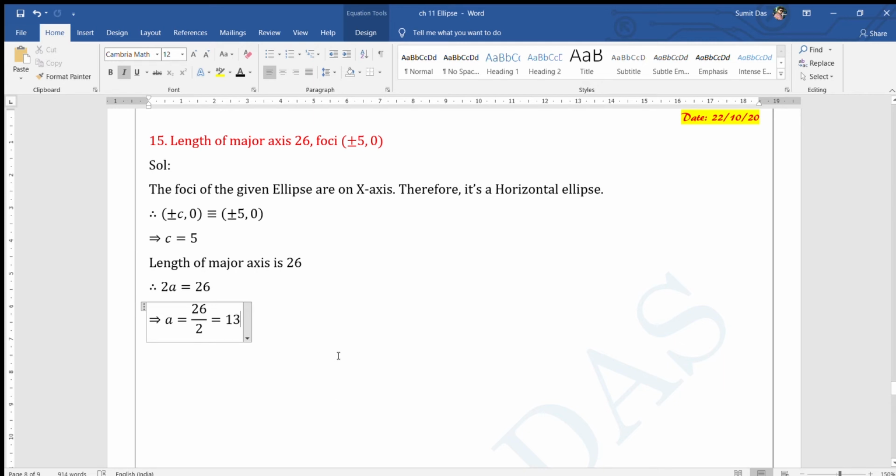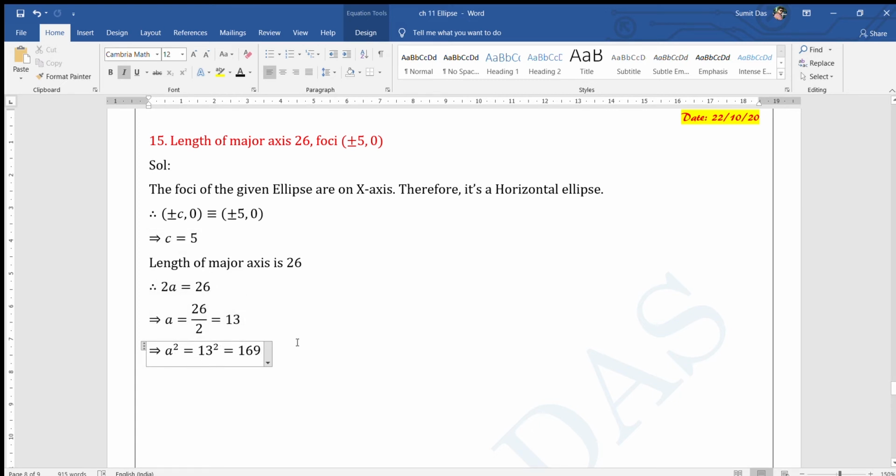Now I told you that whenever you get the a value, write down the a square value, because ultimately we need a square, which is 13 square equal to 169. Now a square we got. Now we need to find b square also.